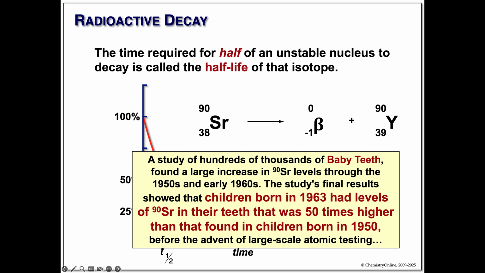Baby teeth. When you're born, you get baby teeth, they fall out, right? Apparently they gathered up hundreds of thousands of baby teeth, measured strontium-90 levels. Children born in '63 had 50 times higher than those born in the '50s. Why? Strontium-90 would fall down. It would be mixed in with the stuff in the ground.